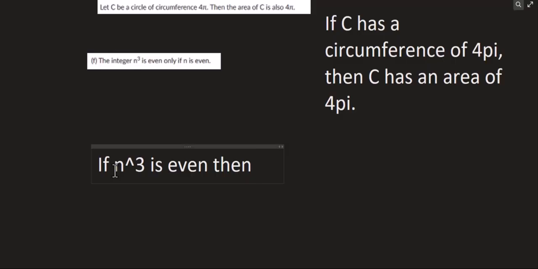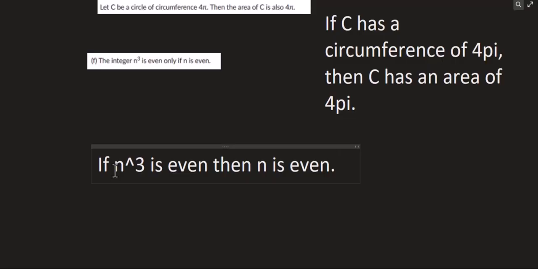N to the third is even only if n is even. If n to the third is even, then n is even. Does that cover all cases? Let's see. If n to the third is even, then n is even. Yeah, that covers all cases. Only if n is even, right.